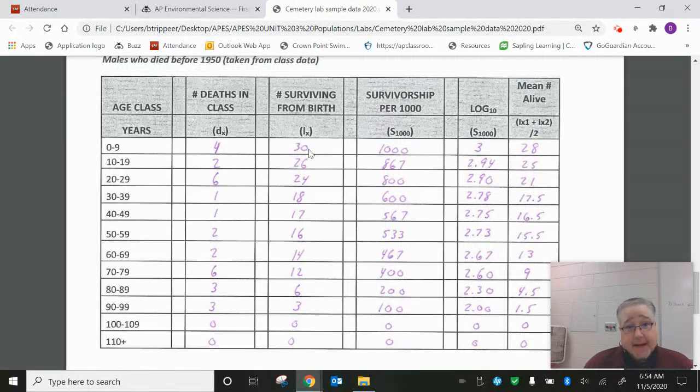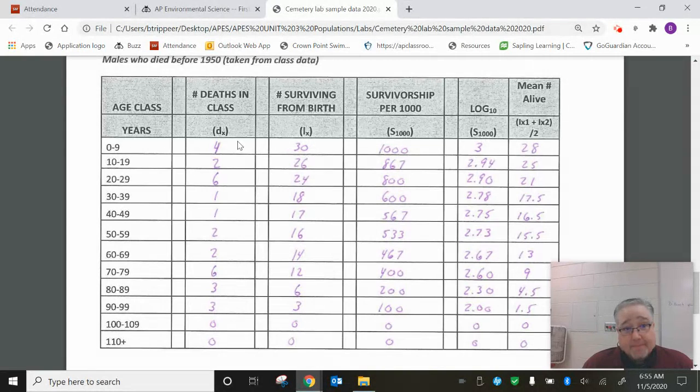So let's go to the second column. This is the number surviving from birth, known as the L sub X column. The first number that I put in here is 30, because before we get into this age group, there are 30 individuals born into it. Not all of them are going to survive to come out of that age group, but 30 of them entered it.